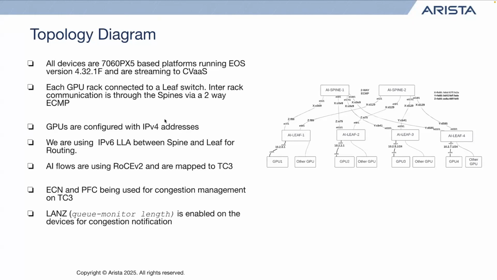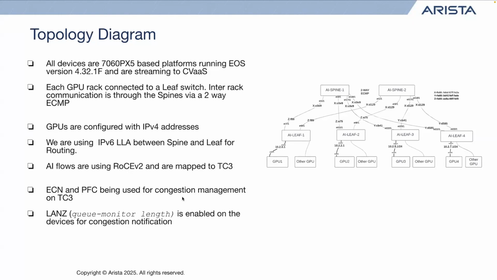For simplicity, we are using IPv4 addresses on the GPUs. One thing new is that we are using IPv6 LLA between the spine and the leaf devices, but that's only for establishing routing. Something which has been a standard across the previous webinars as well: we are using AI flows, which are RoCEv2, and they are mapped to traffic class 3.